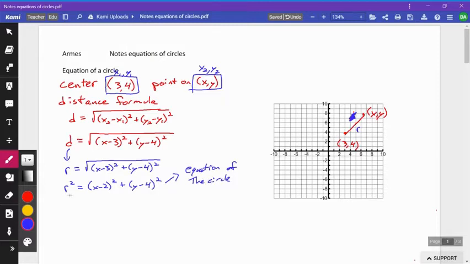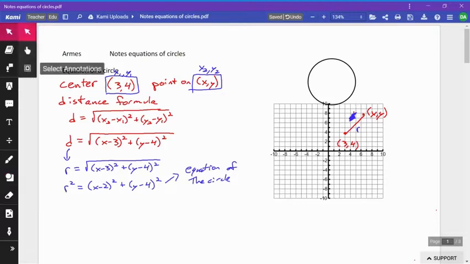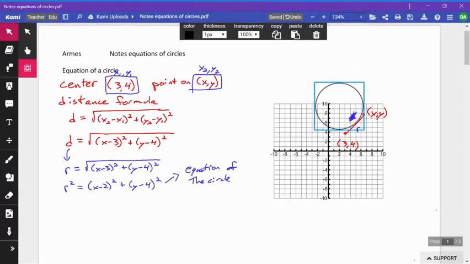Now I don't have a number for r squared, but I know I do have a circle, so I could just think about this circle right here and placing it right here.